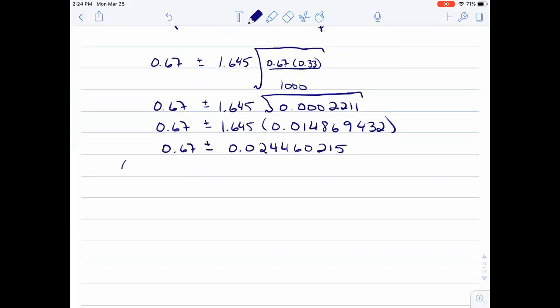So now we can calculate this interval. So I'll store this. 0.67 minus that, I get 0.645539785 up to 0.67 plus that, 0.694460215.